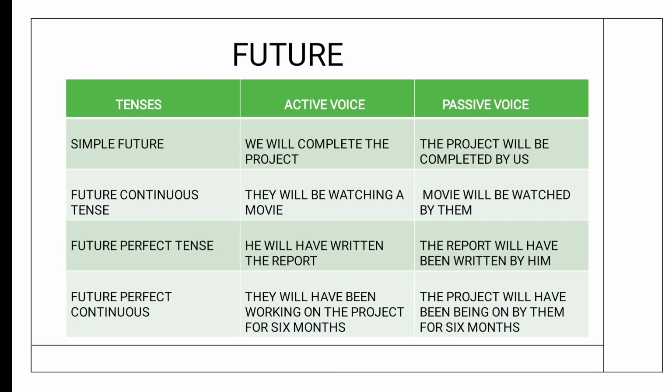The project will be completed. Why completed? Because we need to convert the verb which is in the V1 form to the V3 form. So the V3 form of the verb complete is completed. Complete, completed, completed. Okay. And then we have to add by, and the subject, which is we in the active voice, will become the object us here. Okay. He will become him. She will become her.